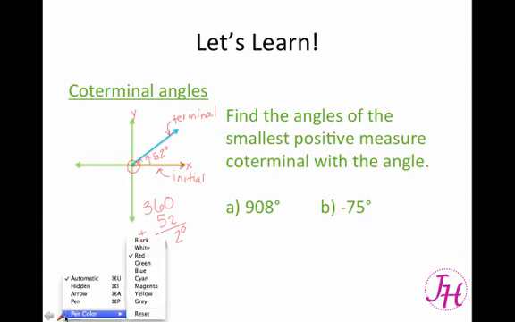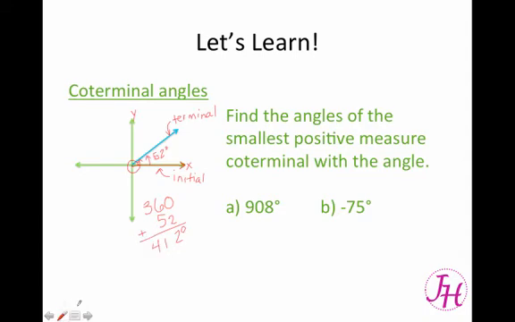So next we're going to find the angle of smallest possible measure coterminal with the angle. So in this case we want to get a smaller measure, and coterminal angles differ by 360, so we're going to subtract 360 and see what we get.